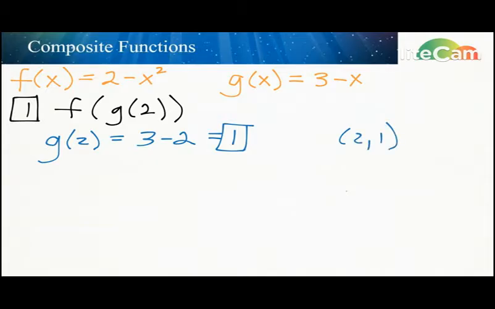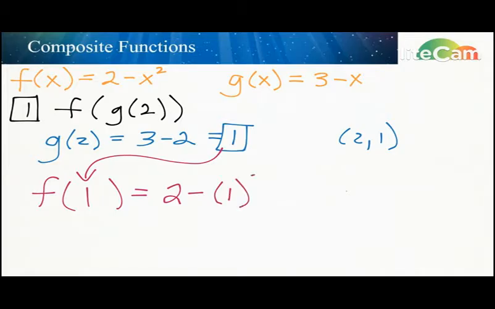But with a composite function, now we're going to take y and put it into f. So the y becomes the new x. Take 1 and put it into f, which 1 squared is just 1, but we have to recognize that that minus is not going to be squared. If it's outside the x, you don't square it. So it's still 2 minus 1, which the answer is now just 1.